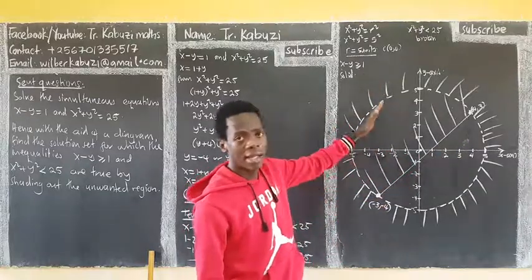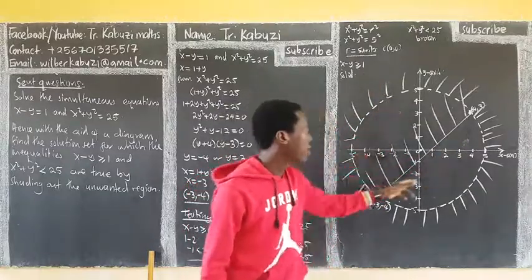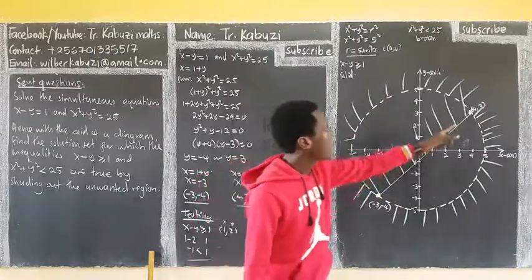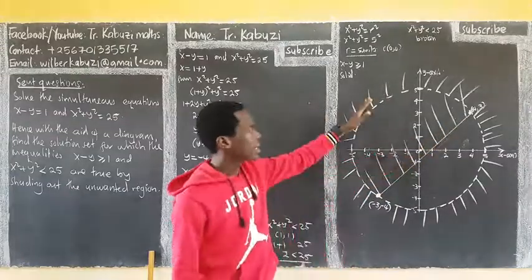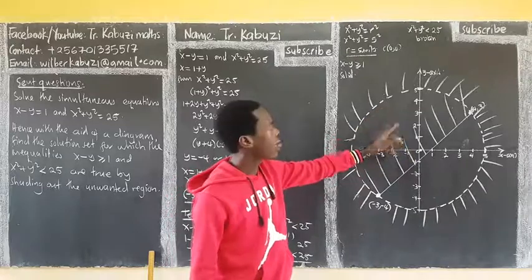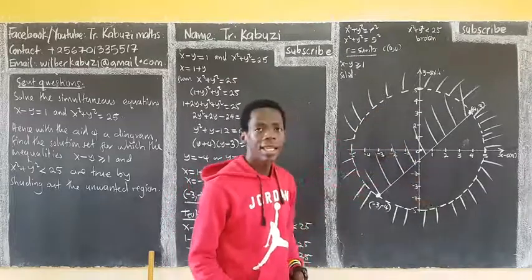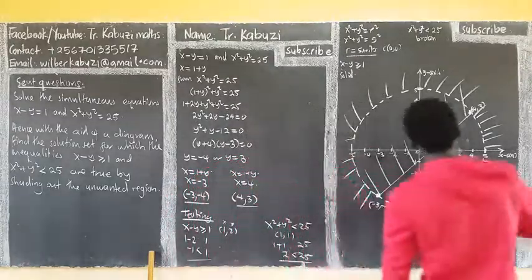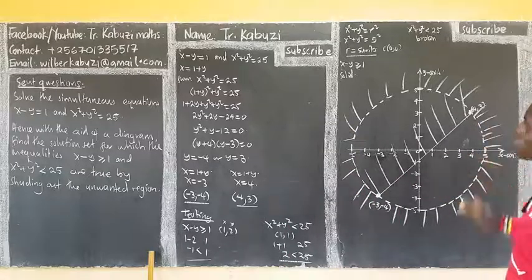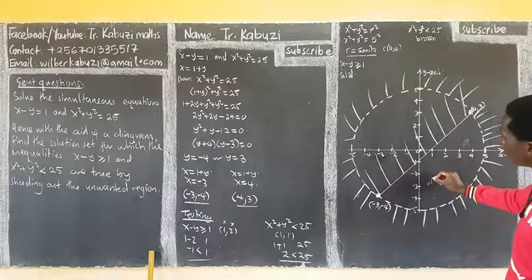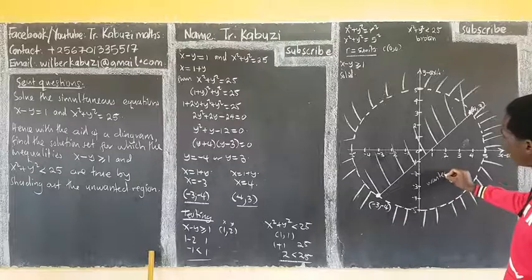This one is also unwanted. Though this region is all wanted based on the circle, this region above the line is unwanted. So the region that is wanted is this one here. This becomes our wanted region.